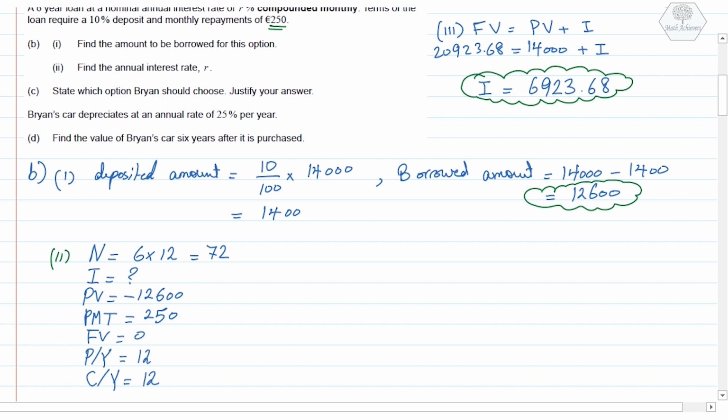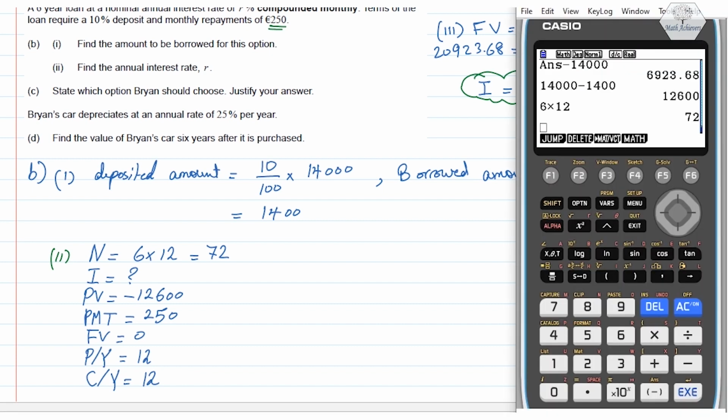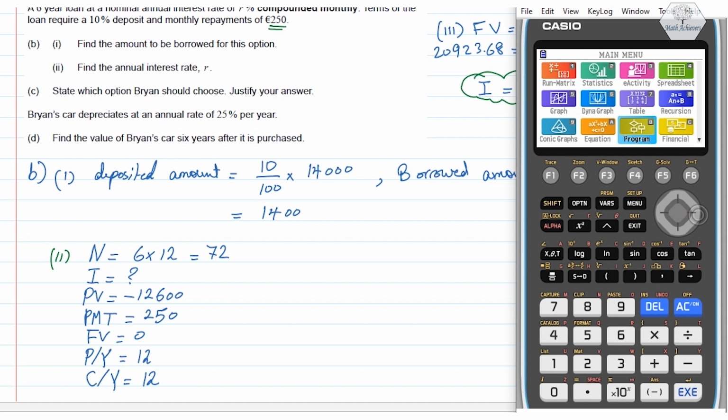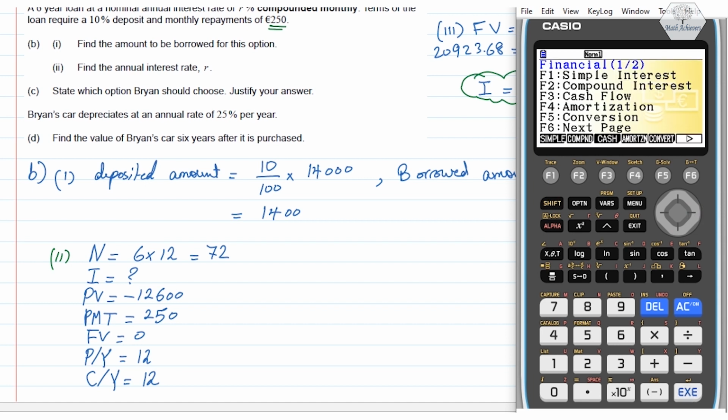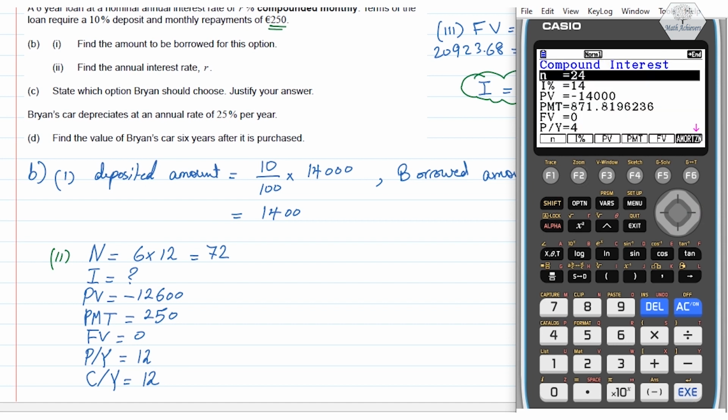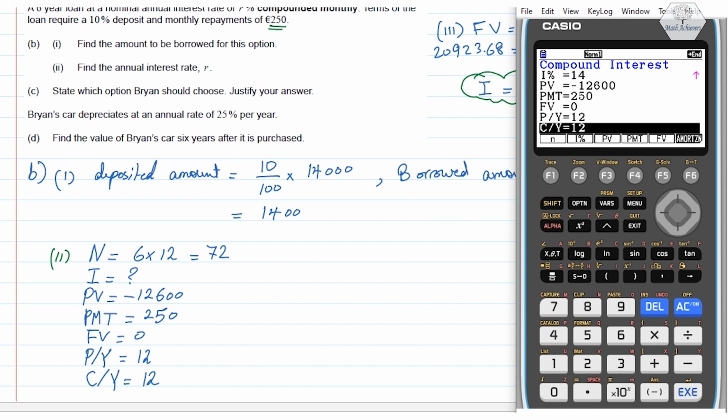So now to find the interest value, I go to my graphical display calculator, I go to the financial, and we go to compound interest. I have N to be 72. The interest rate, I don't know it, I leave it for now. The present value is negative 12,600. The payment amount is 250. The future value is 0. The payments per year is 12, and the compounding per year is also 12.